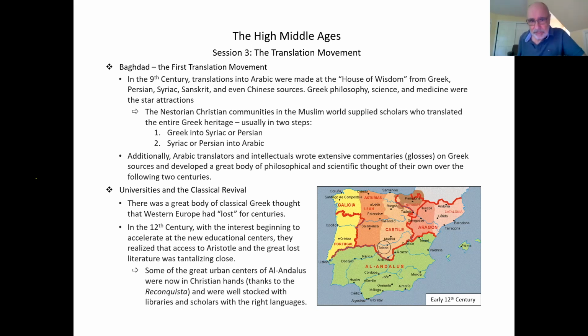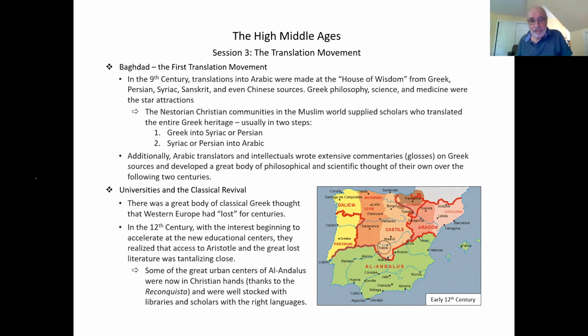and even Chinese sources. I'm going to focus on Syriac for a second, if people aren't familiar with the term. It was in the same family group as Aramaic. It was a language spoken in Syria that Syrian Christians, Nestorians as they were called, who migrated into the Persian Empire and then became part of the Arab Empire early on, spoke.